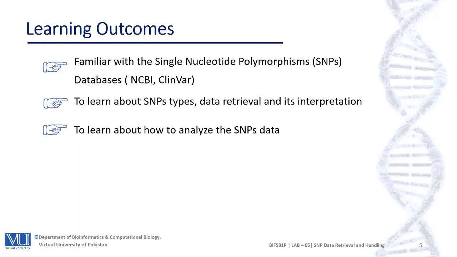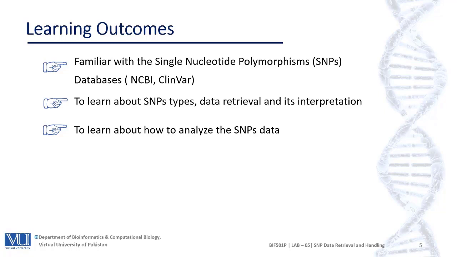The primary objective of lab number 5 is to provide you with the necessary skills to retrieve and handle SNP data effectively. Throughout this lab, we will explore various databases, tools, and techniques commonly employed in bioinformatics research to analyze and interpret SNP data.